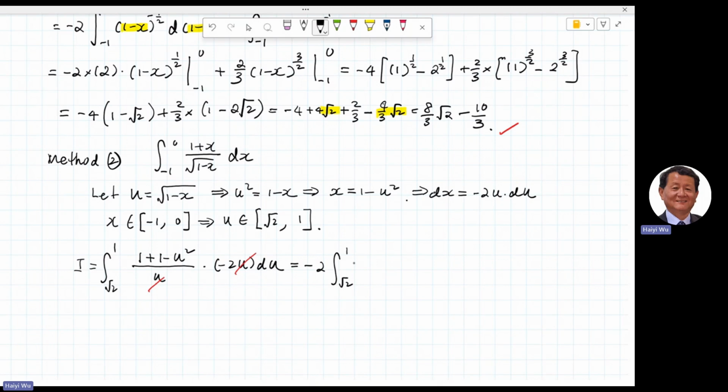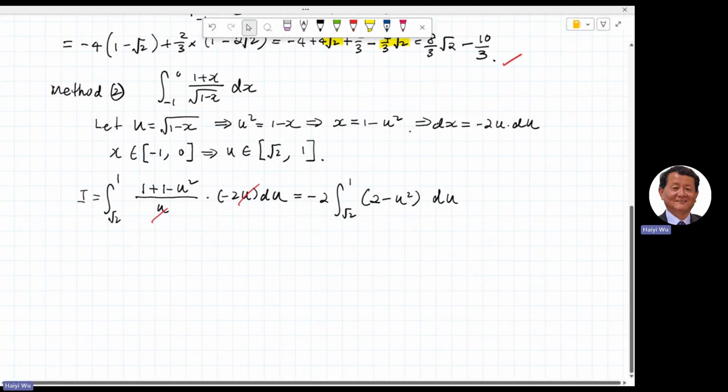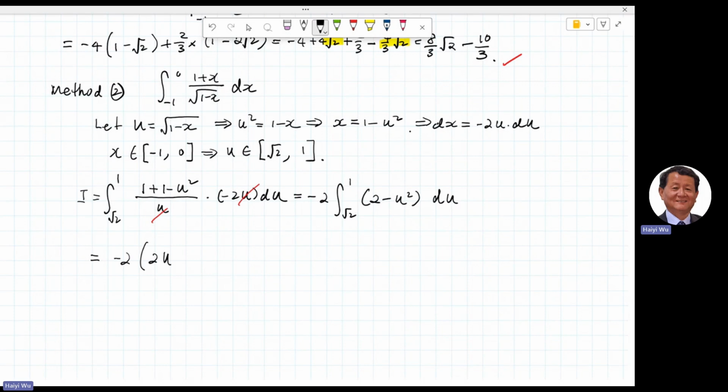Then you become 2 minus u squared, minus 2 minus u squared du. So very good. We cancel the u out. So now we can integrate it separately, negative 2. So the first one will be 2u. Second one will be 1/3 u to the power 3, from square root 2 to 1.